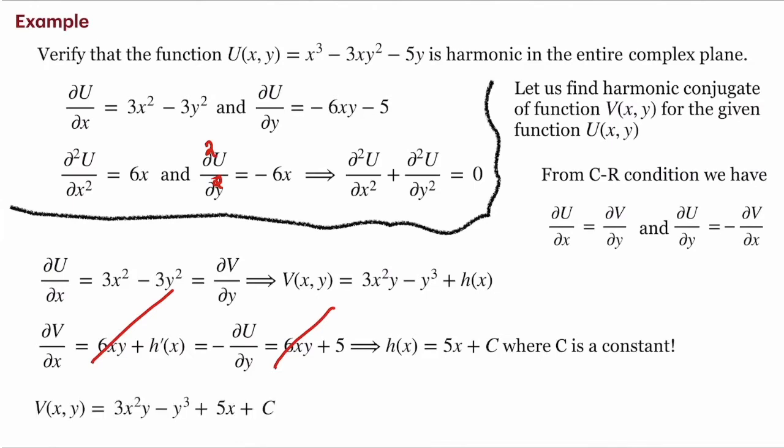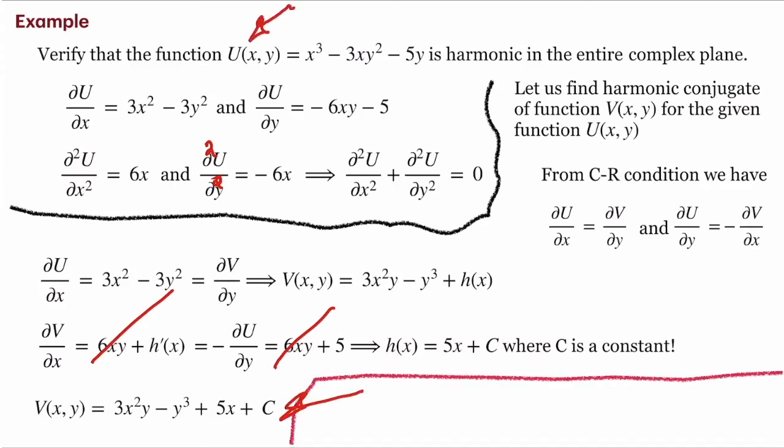Now we have found that v of x, y is equal to 3x square y minus y cube plus 5x plus c. So these two are the functions which are harmonic conjugates of each other. We can see that they satisfy the Cauchy-Riemann condition, and both satisfy the Laplace equation. Now the next question that comes up is uniqueness.